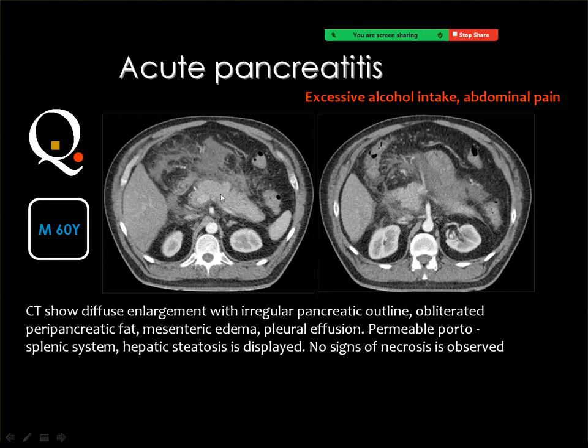And you see that the pancreas is swollen and there is some free fluid in the area around the pancreas without a pseudocyst formation or something like this. And this is an important diagnosis, of course, because it's frequently seen in clinical practice, and you should not miss a case of acute pancreatitis in the daily work.